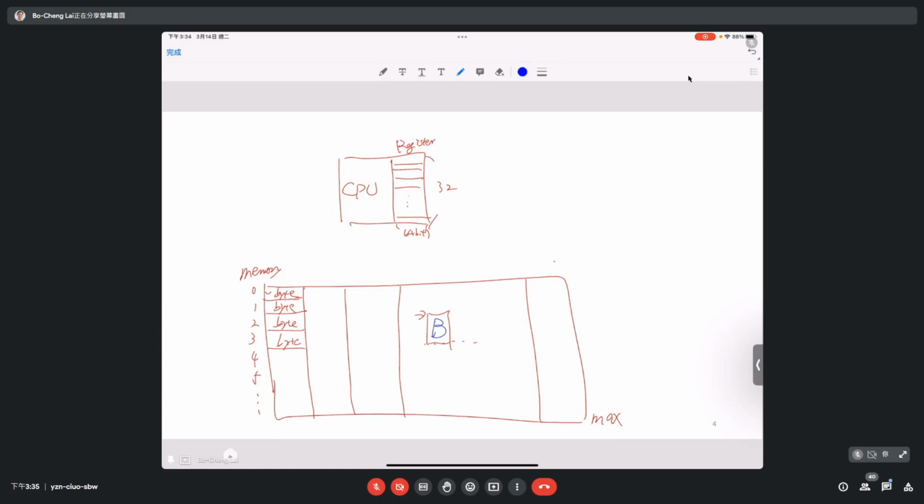So there are two concepts. One is the data B, and this data B is in the memory at an address, let's say address X. Data B could be your password.